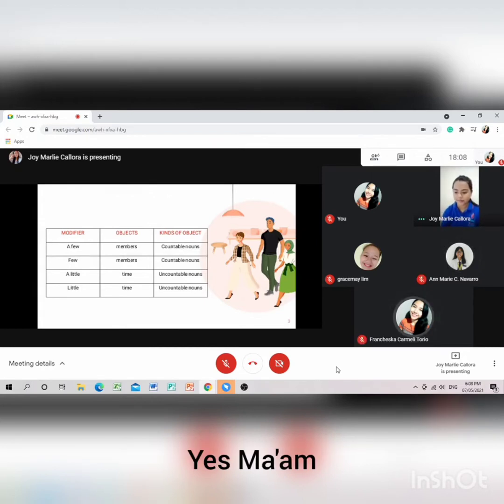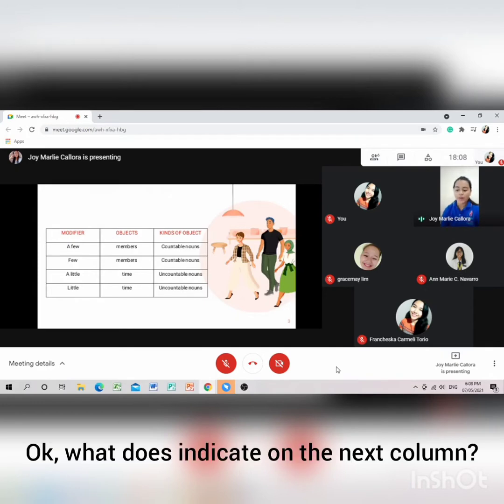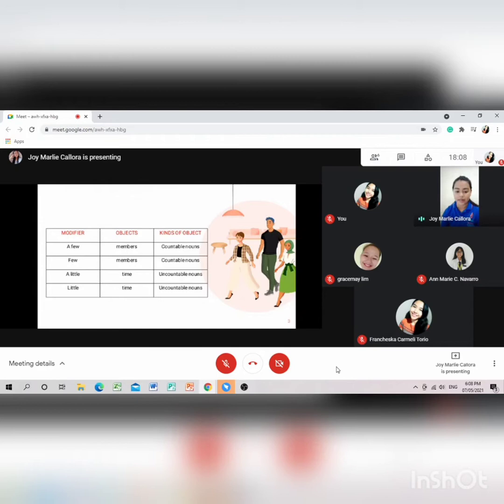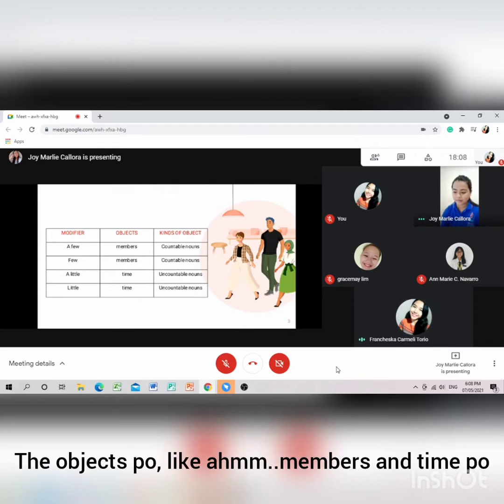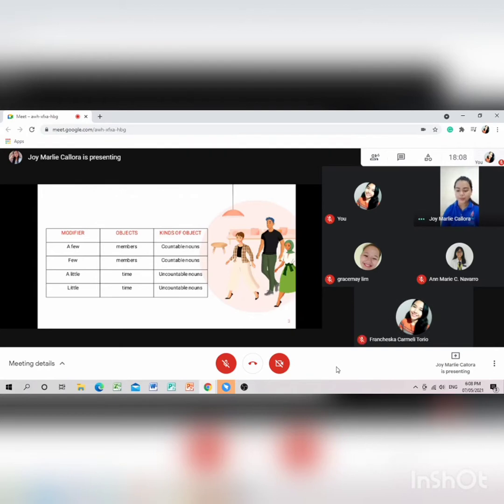Yes, ma'am. Okay, what is indicated in the next column? Anyone? Volunteer? The objects, ma'am, like members and time. Good.